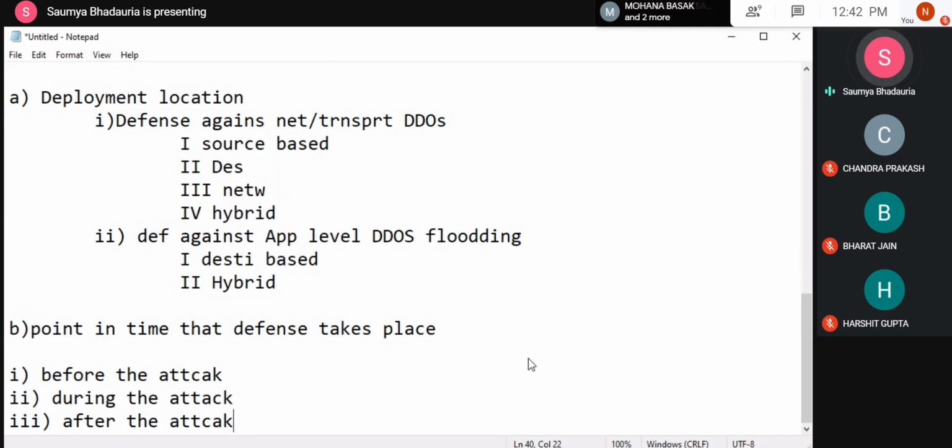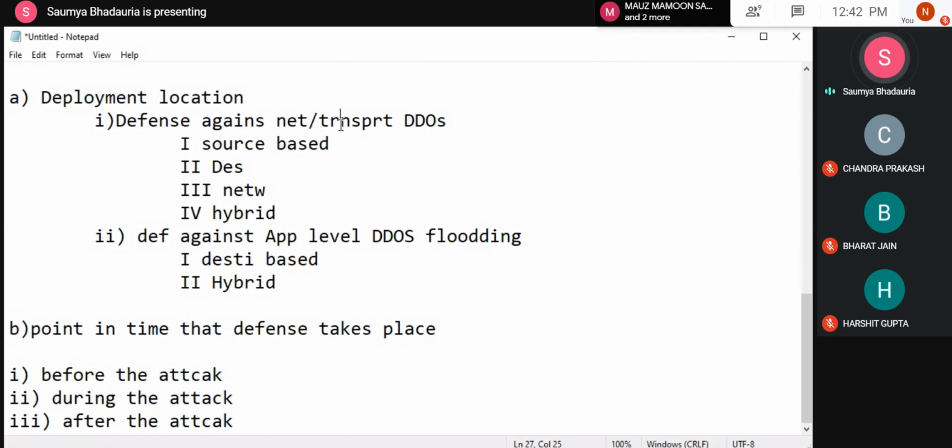Okay, if I would like to move into the detail, I'll first go into the first section, which is classification based on deployment location. The first is referred to as a source-based mechanism.